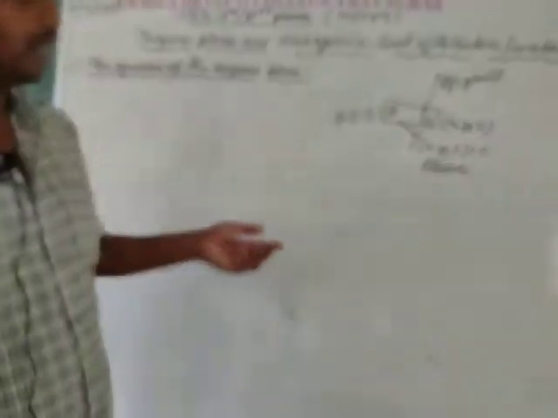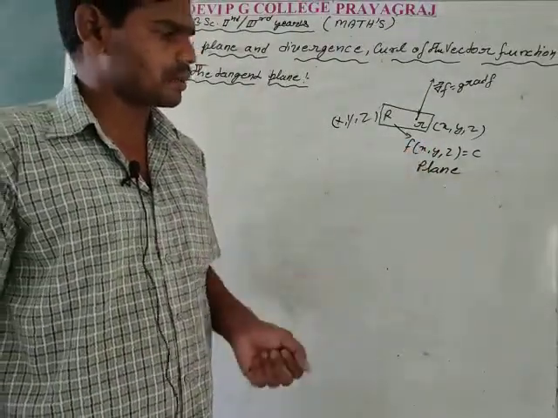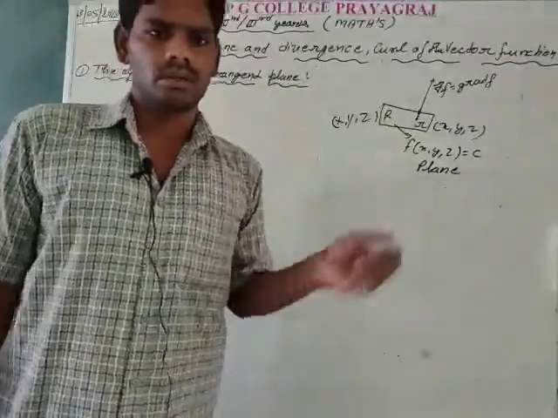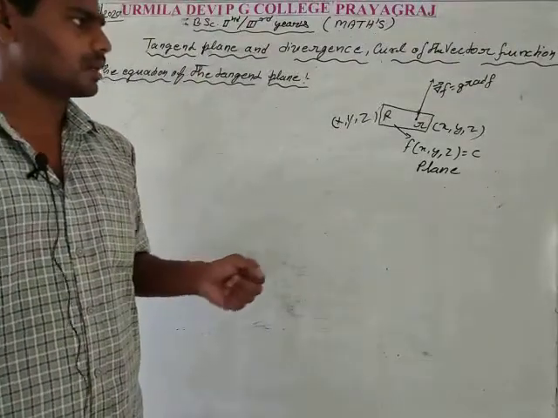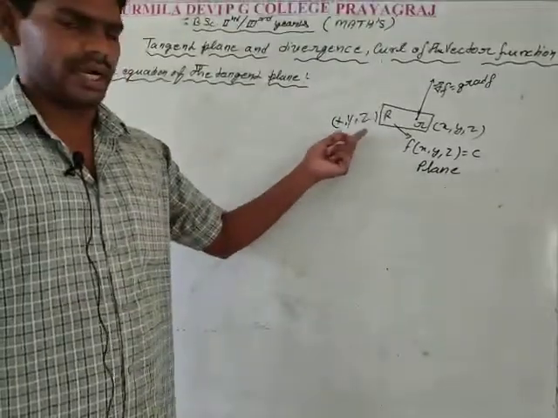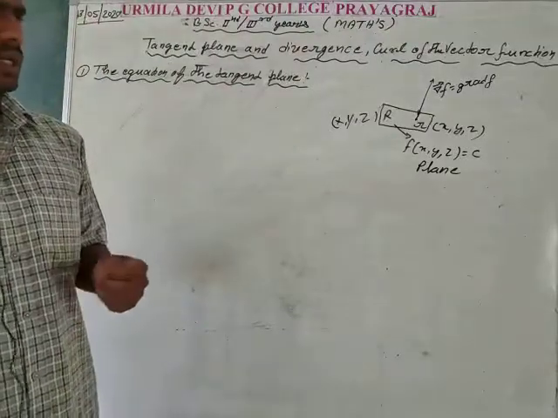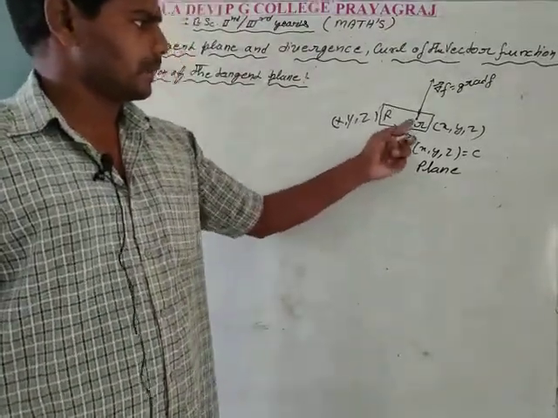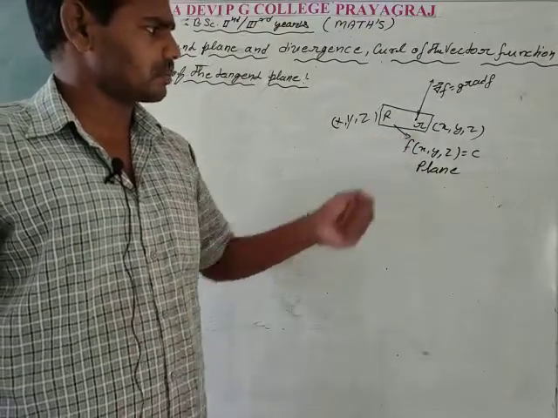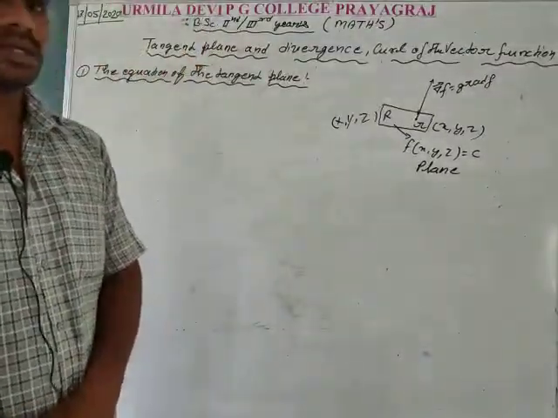Consider a level surface, function f(x, y, z) equals c, where c is a constant, and I want to find the equation of this surface. Here consider an ordinary point capital R whose coordinates are capital X, Y, Z, and take a point small r whose coordinates are small x, y, z.